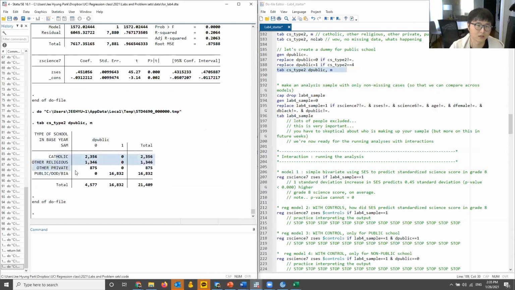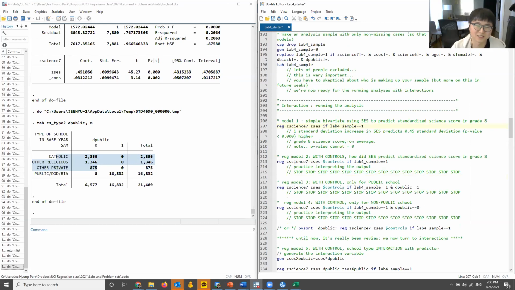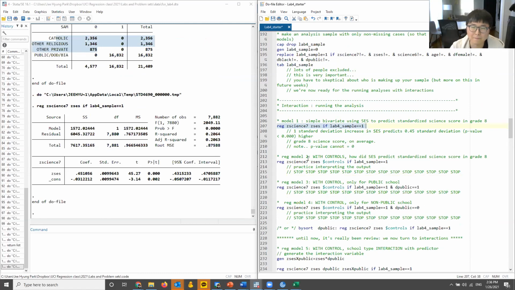And then these 3 get a 0. And we're looking at whether being in public schools or not moderates their SES and science relationship? Yeah, that's right. We just didn't get to the interaction piece yet. We're just building a model from the bottom up.